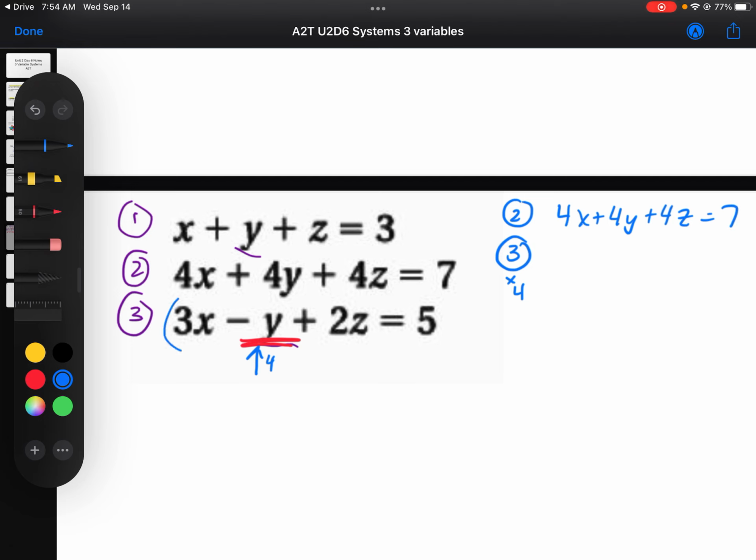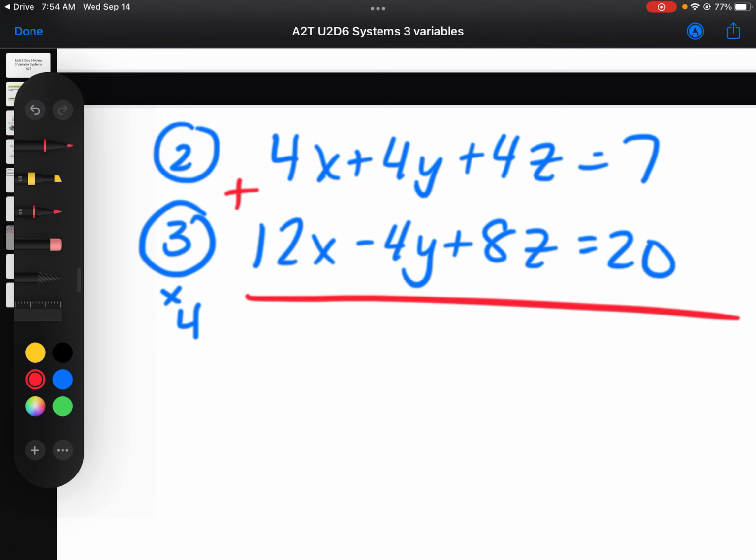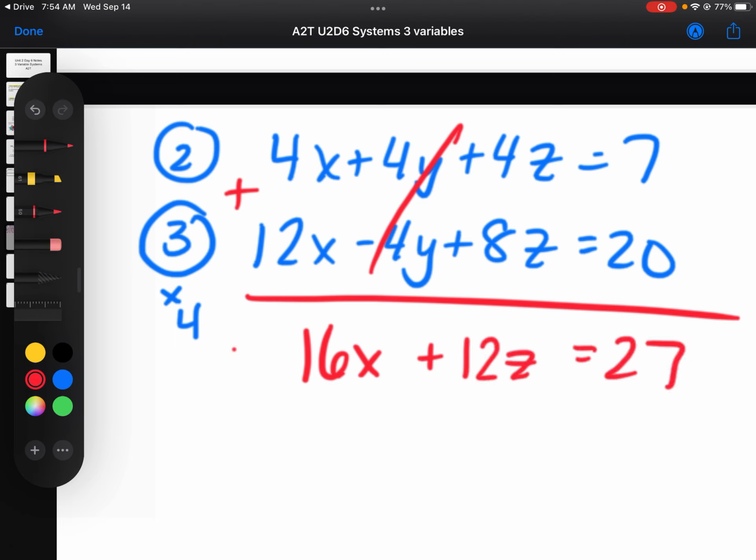Equation 3, multiply everything by 4. So I have 12x minus 4y plus 8z equals 20. And now add them. So 16x plus 12z equals 27. And this would be what I call equation B.